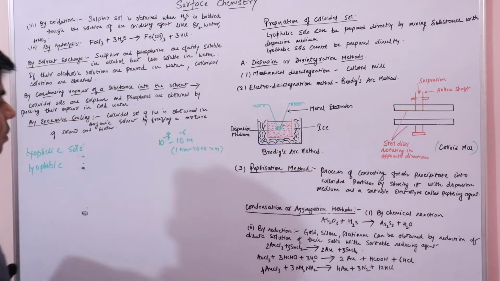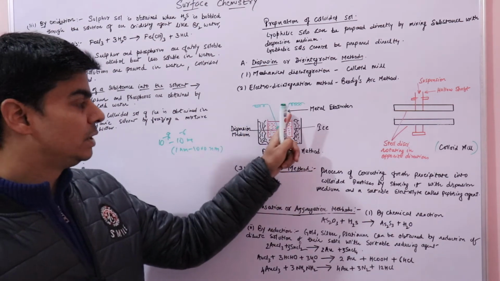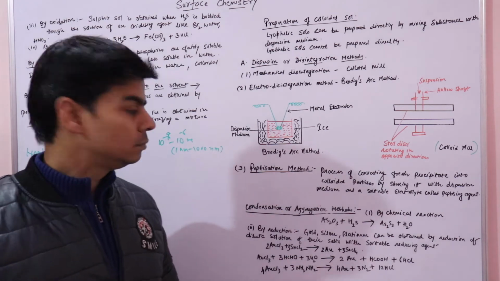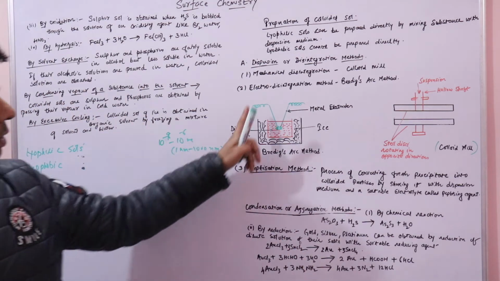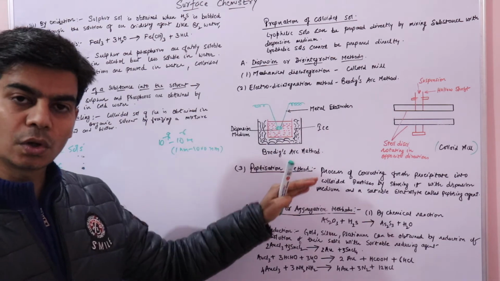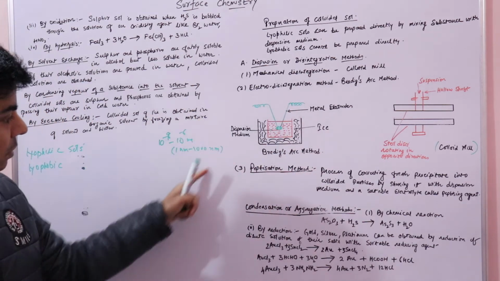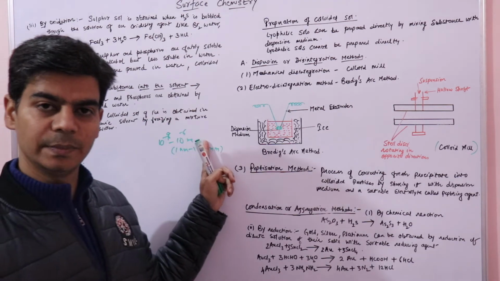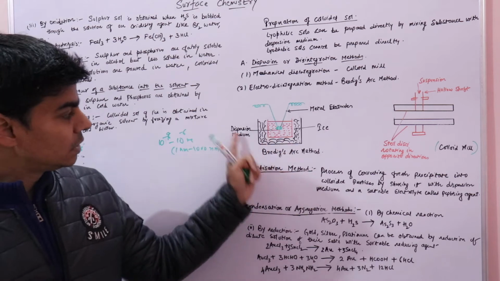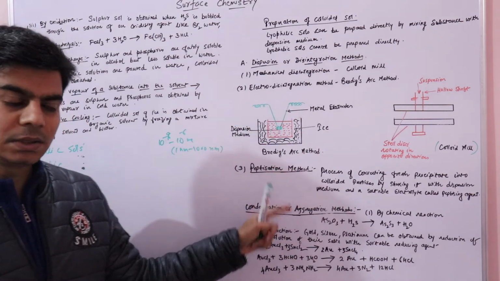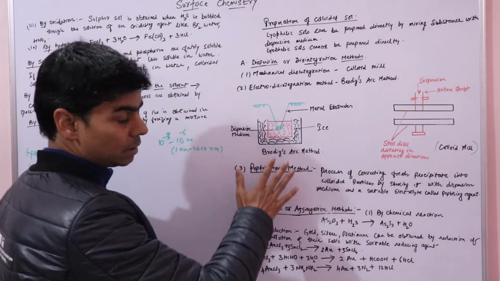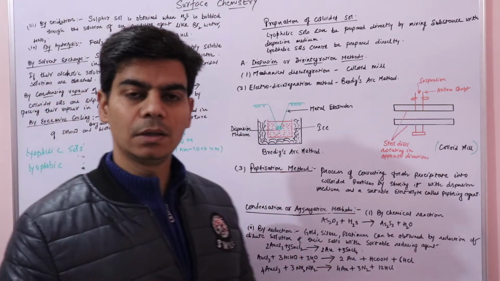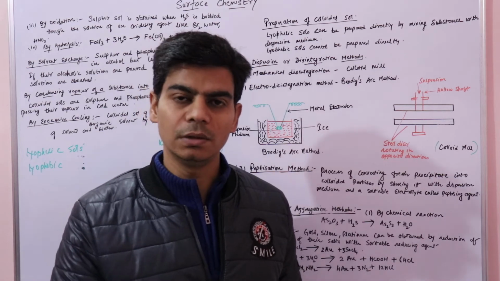These metal rods were initially not in the range of colloidal particles, which is 10 to the power of minus 9 to minus 6 meter. After we employ the Bredig's arc method, we get particles of colloidal size of the metal, for whichever metal you want to prepare the colloidal solution.